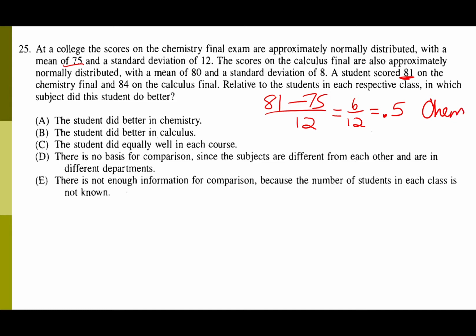And then for calc, they had an 84 minus a mean of 80 over a standard deviation of 8. So 4 over 8, which is also 0.5. So compared to their class, they did the same on those two tests, even though their score on the calculus exam was higher than the chemistry. So the student did equally well in each course.